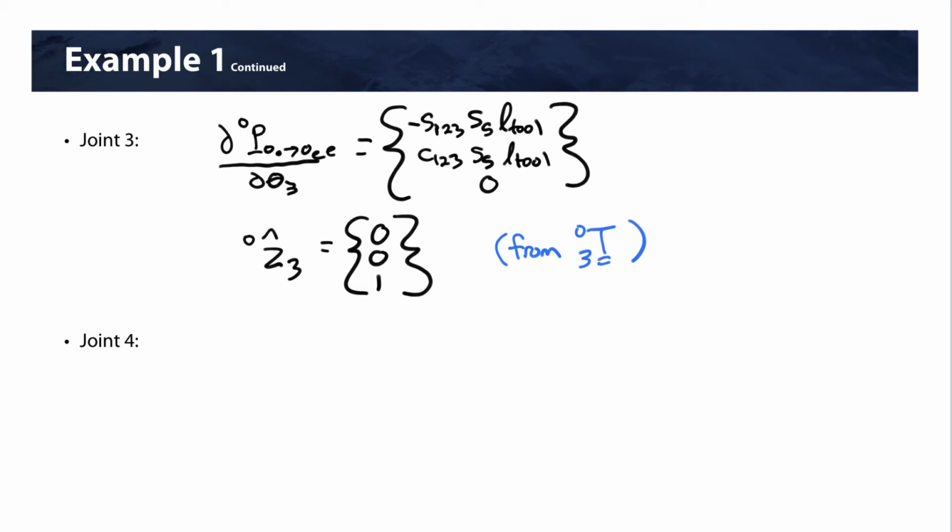Joint 4, right, it's prismatic. So all we need is Z4, in terms of our base frame, and you guessed it, we get that from T04. So let's go to T04.